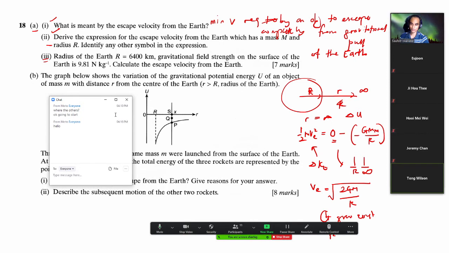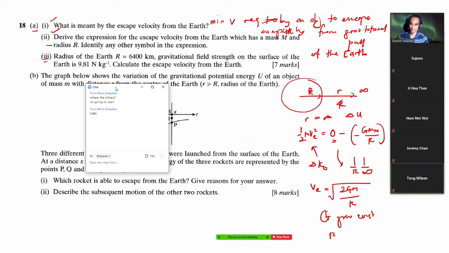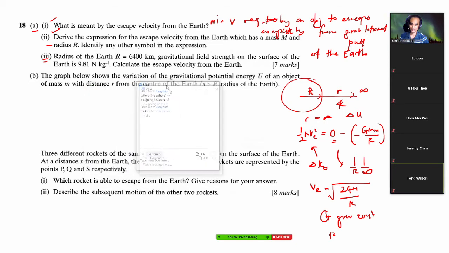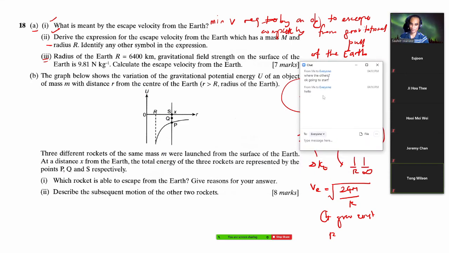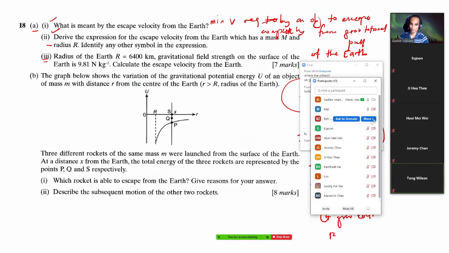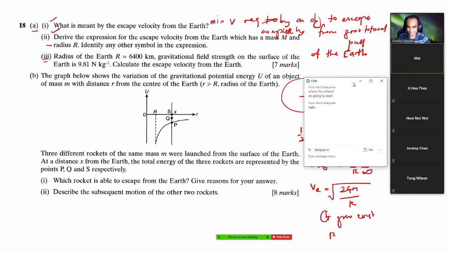Are you the one only in the class? I'm one of many, sir. Yeah, but others are not responding. Yeah lah, sir, correct. Okay. I'm your second student now.